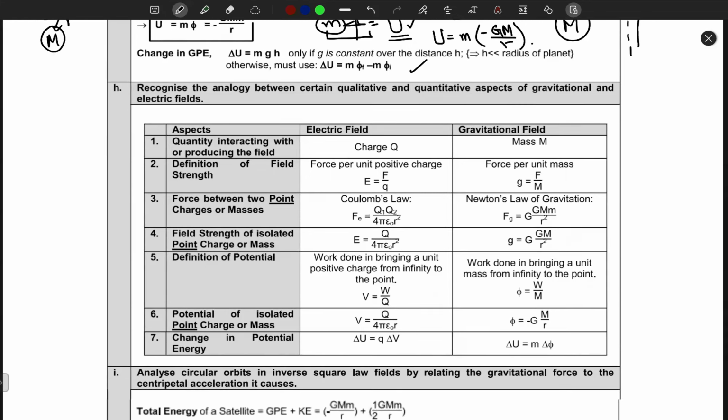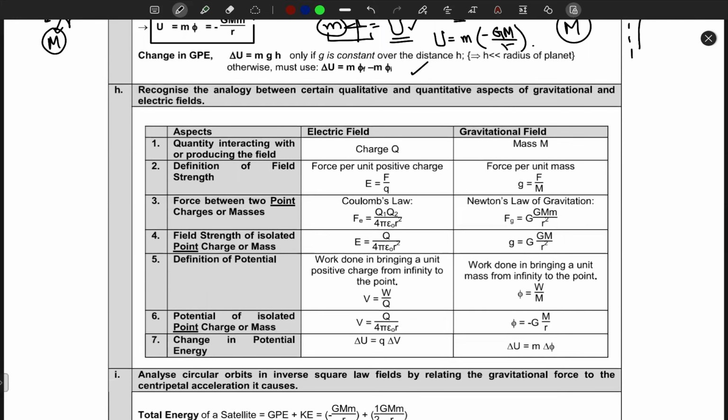So this whole thing that you see over here is just how the equations of electromagnetism are related to the equations of gravitational fields, or gravity. But even though there is all this resemblance in the equations, there is a problem in unifying electromagnetism with gravity.